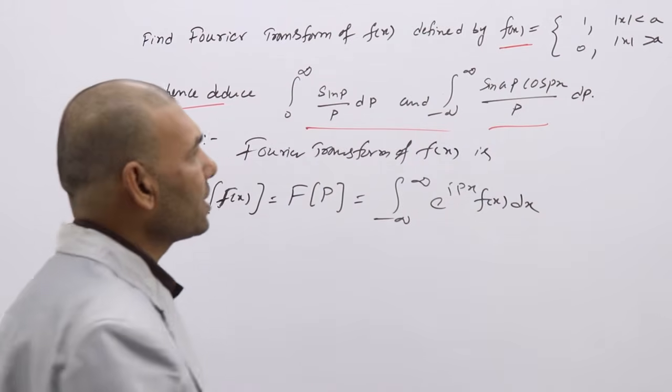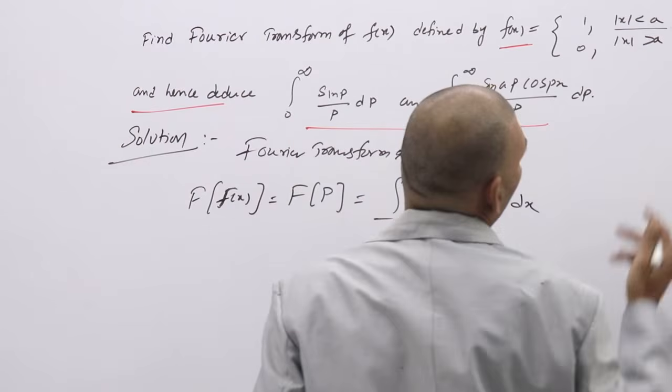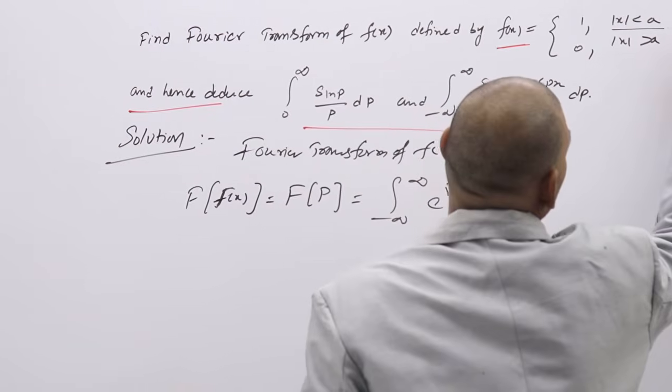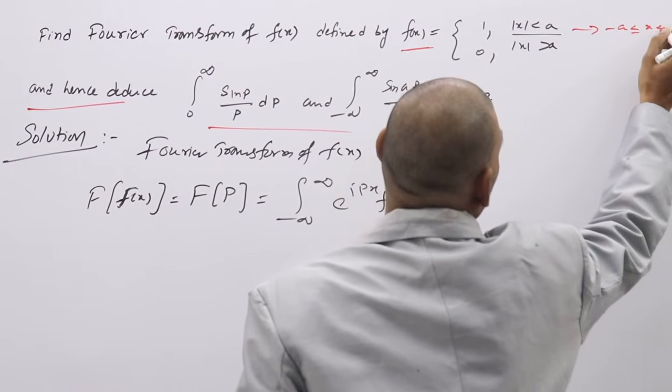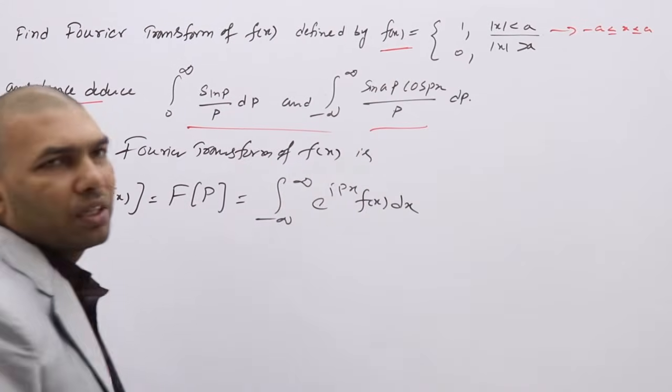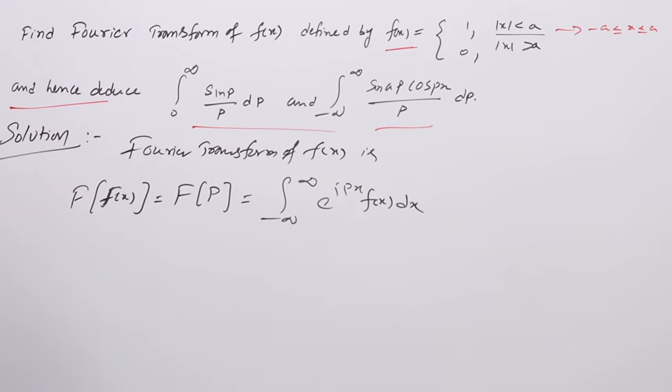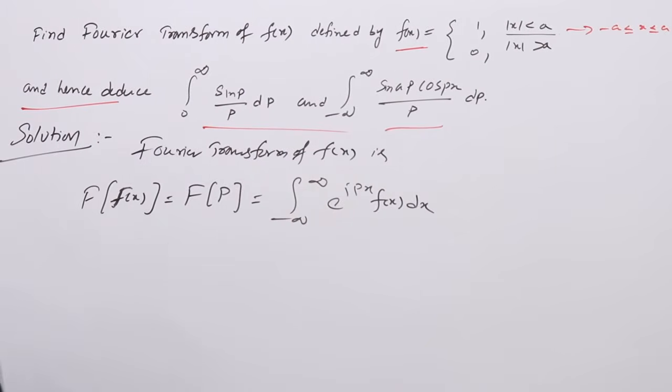But our interval is |x| less than a. |x| less than a means minus a less than or equal to x less than or equal to a. That means the interval is minus a to a. In other intervals it becomes 0.